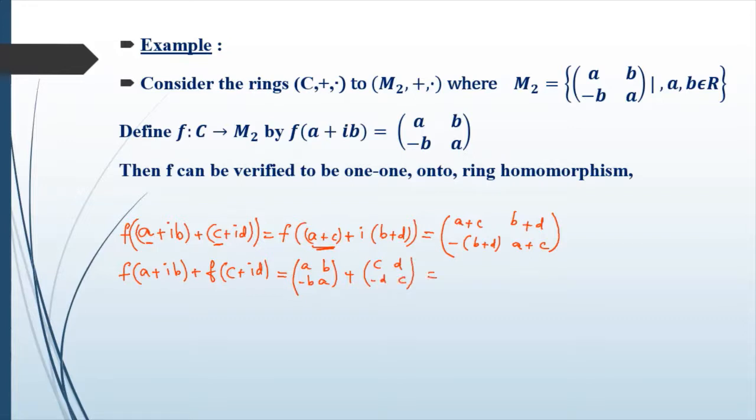Now by the definition of addition for matrices, the corresponding entries should be added. So the first element is a plus c, second element is b plus d, the first element in the second row is minus b minus d, and the next element is a plus c. So we have found that f of a plus ib plus c plus id is equal to f of a plus ib plus f of c plus id.